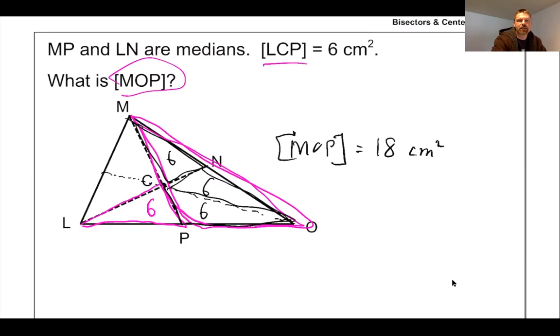Again, because the medians cut the triangle into 6 different triangles, all with equal area. This one had an area of 6, so all the other triangles in there, all 5 others, will have an area of 6.